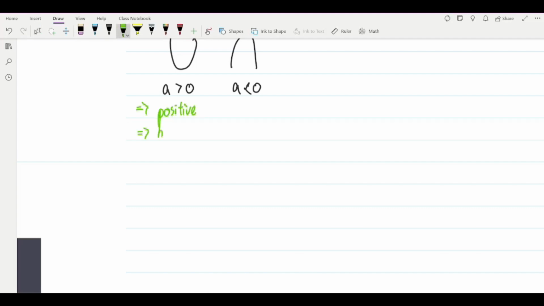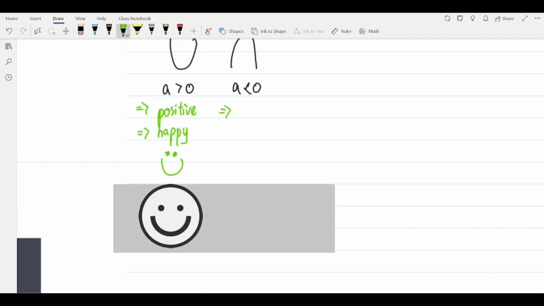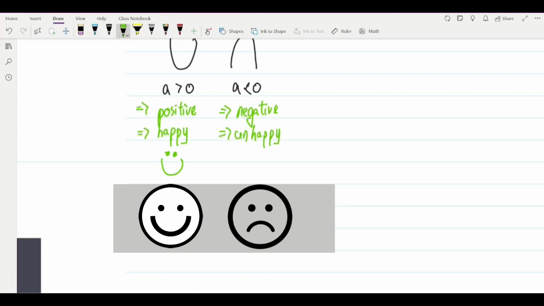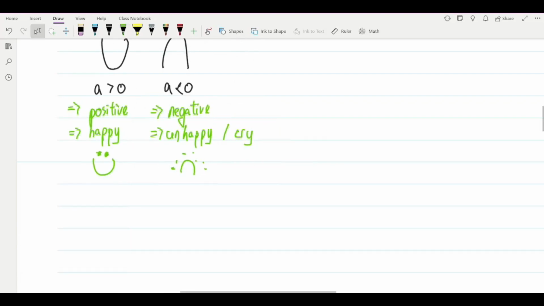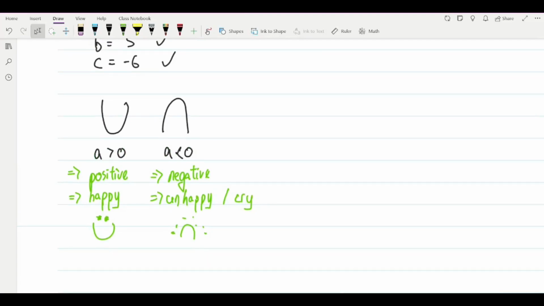And positive, you will be happy. Happy, you will smile. And A smaller than 0 is negative. Negative, you will be unhappy. Unhappy, you will cry. So this is the way to identify U-shape and N-shape.